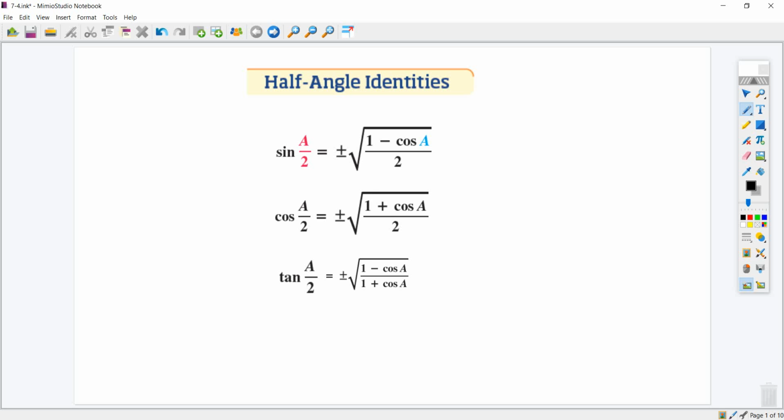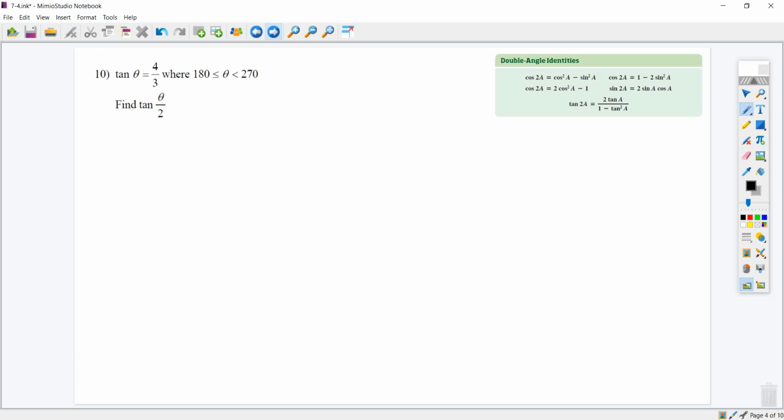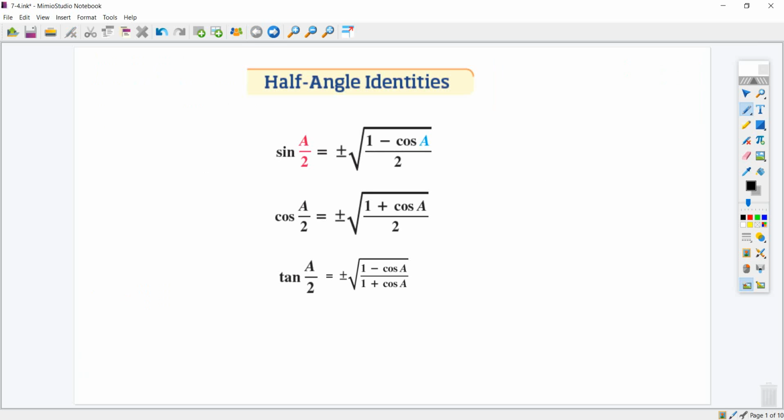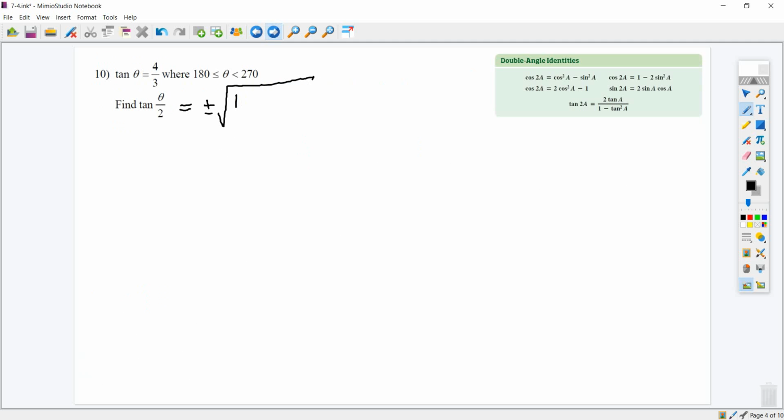Since it's theta, I should change the A to a theta. That will be better: 1 minus cosine theta over 1 plus cosine theta.